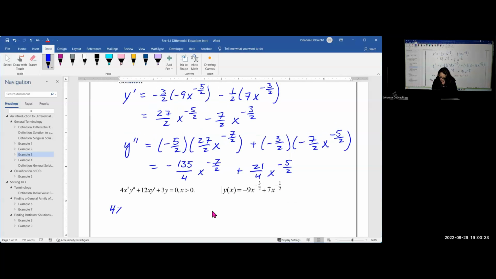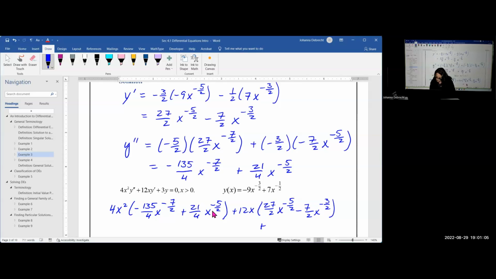So I'm trying to show that 4x squared times the second derivative, -135 over 4 x to the -7/2, plus 21 over 4 x to the -5/2, plus 12x times y prime, which is 27/2 x to the -5/2, minus 7/2 x to the -3/2, plus 3y, and y, of course, is -9x to the -3/2, plus 7x to the -1/2.